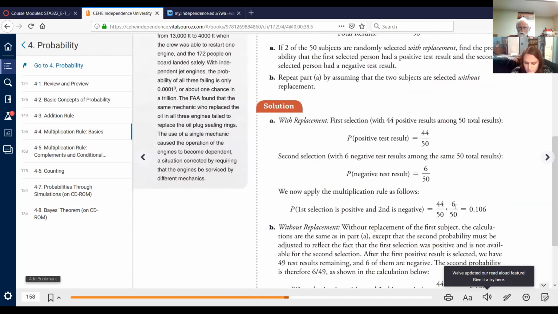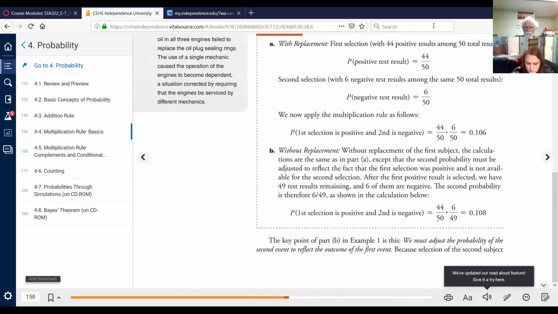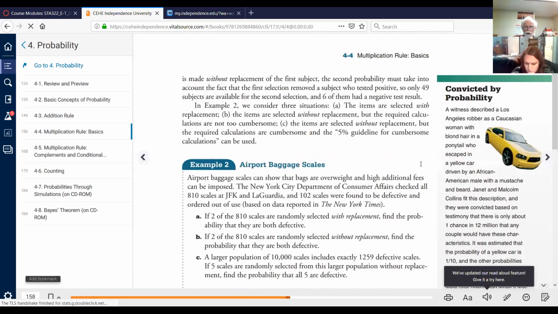If you don't replace it, it now becomes 44 out of 49. So this number just changes a bit depending on whether you replace or don't. There's a whole science of that.